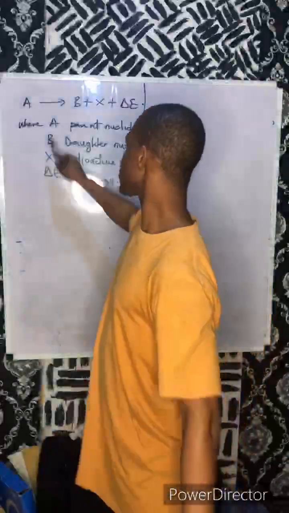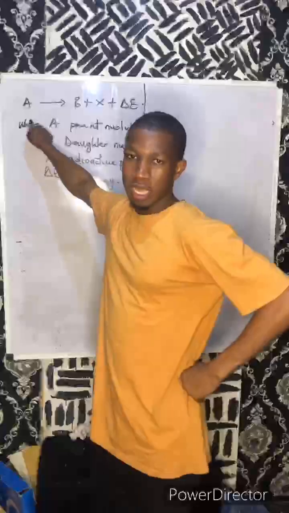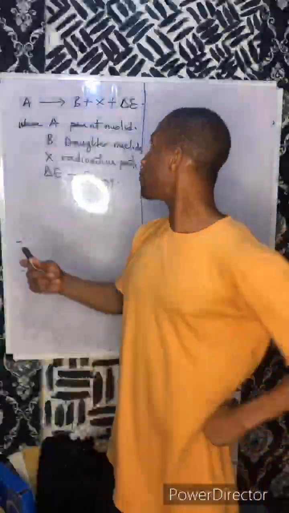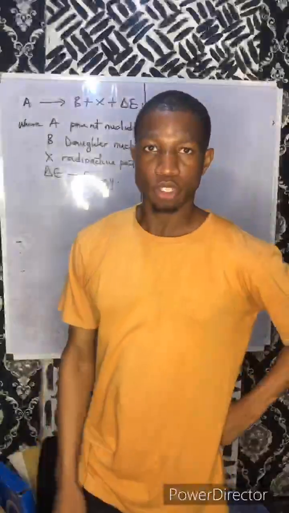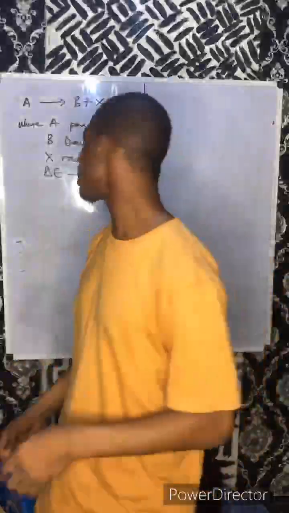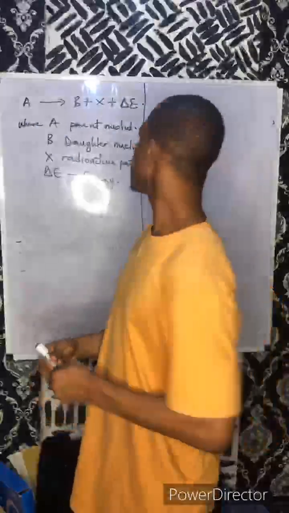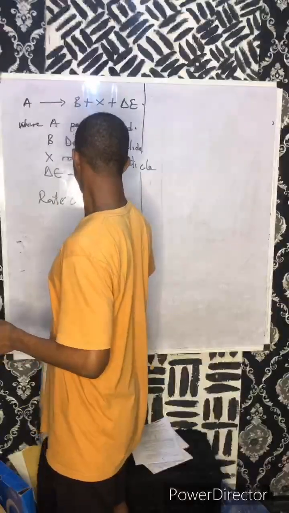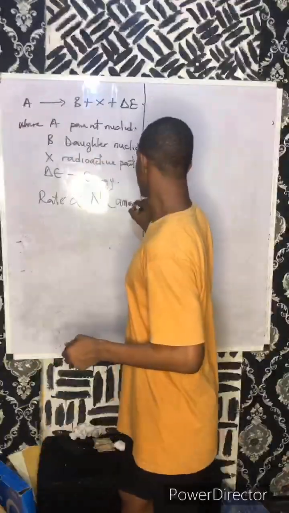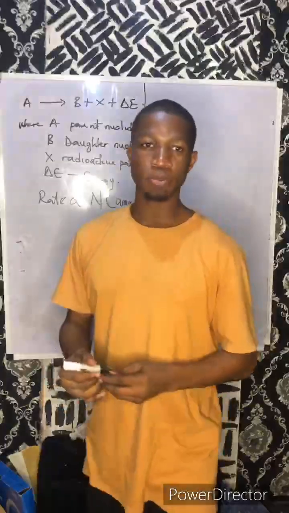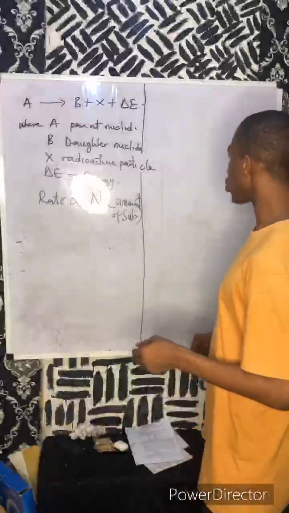So the rate is dependent on the amount of substance of the reacting particle, which is represented as N. So the rate is directly proportional to N, where N is the amount of substance.